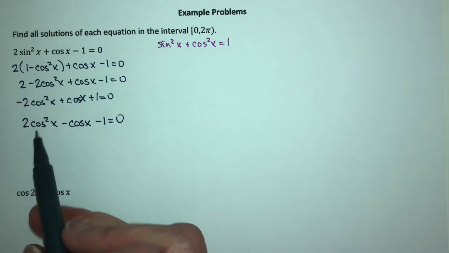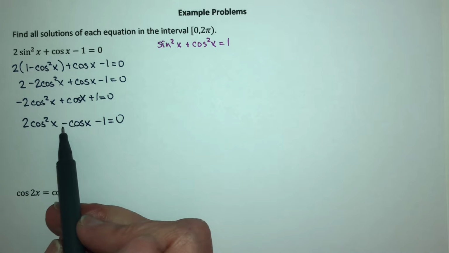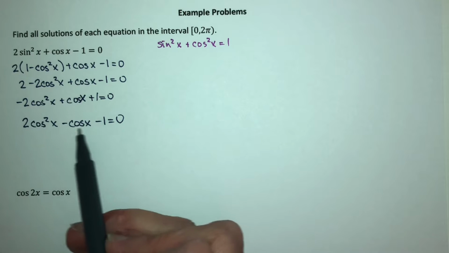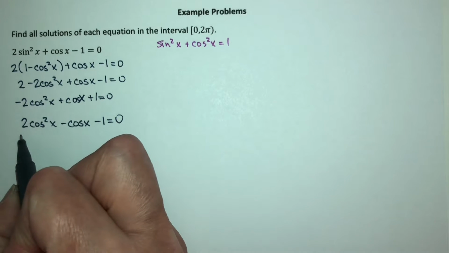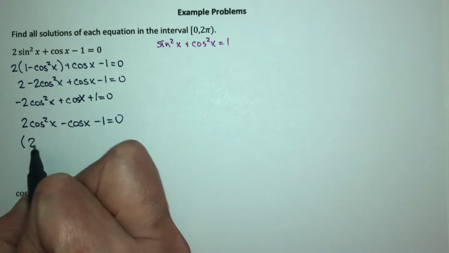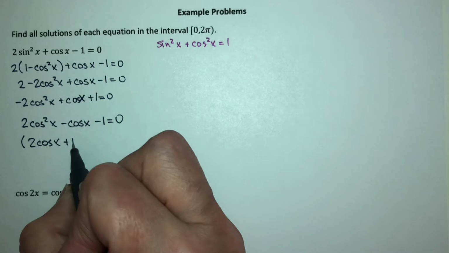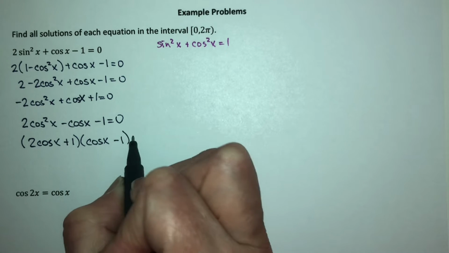So what I have here is 2 times something squared, minus that same thing, minus 1. So I can treat cosine of x as a variable and factor this. And it will factor as 2 cosine of x plus 1 times cosine of x minus 1 equal to 0.